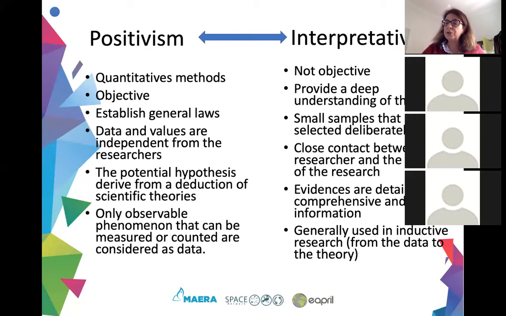Data and values are independent from the researchers, and this is why it is possible to do the research in an objective way. The potential hypotheses derive from a deduction of scientific theories that are established to be empirically tested, and only observable phenomena that can be measured or counted are considered as data.